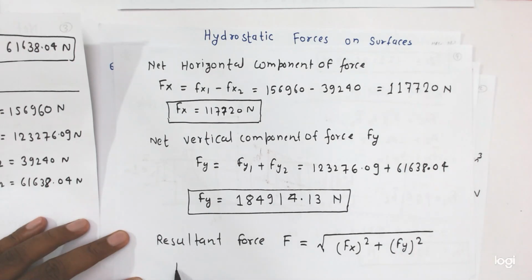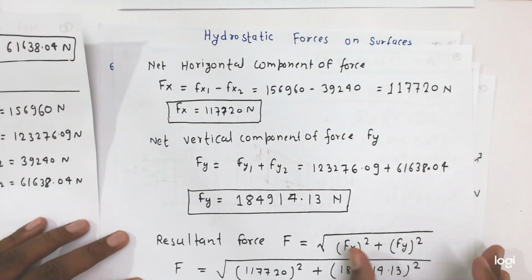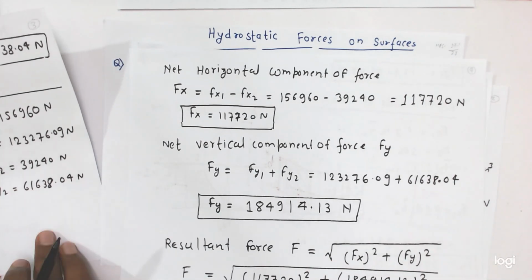So from here the F value we will calculate, we'll put the value here: 117720 whole square plus 184914.13 whole square.